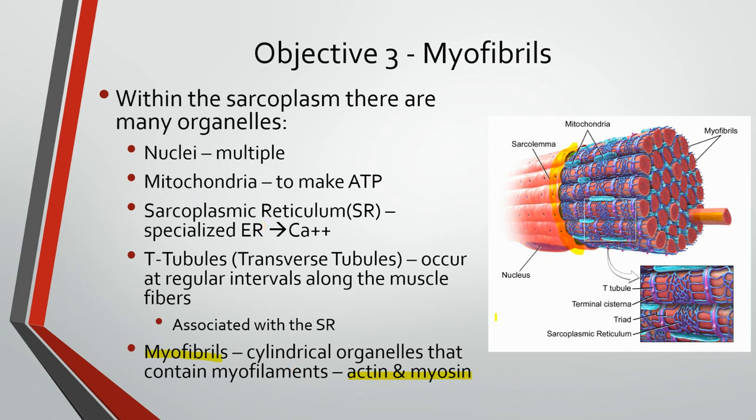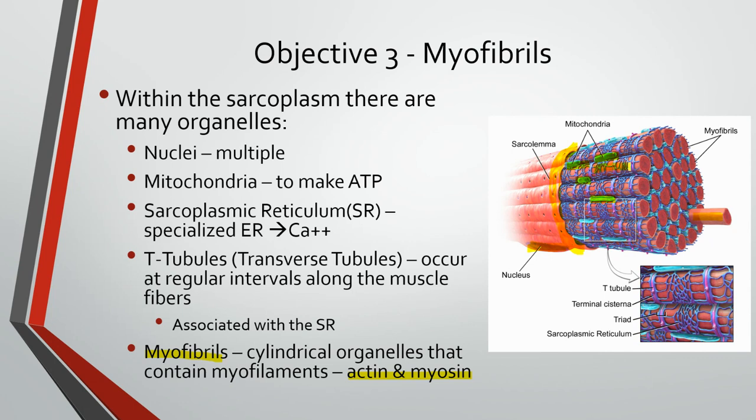In addition to those myofibrils, you can see that they fill up the bulk of the cell, so they squish the nuclei over to the side of the muscle cell. You also have mitochondria throughout to provide energy. You have the sarcoplasm, which is just your basic cytoplasm.